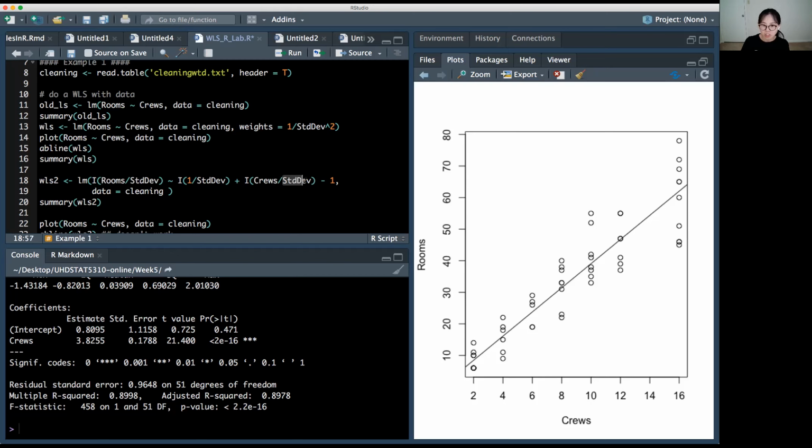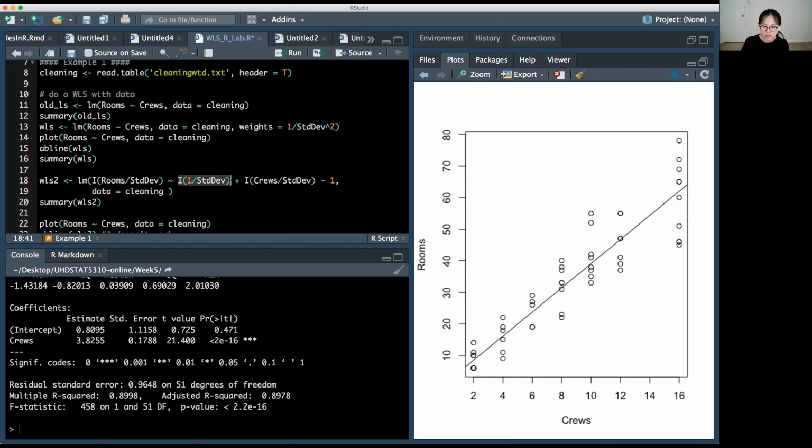Notice the standard deviation here is not a variance. Where we specify the weights for the lm function, you would use the standard deviation squared, which is the variance. Pay attention here.